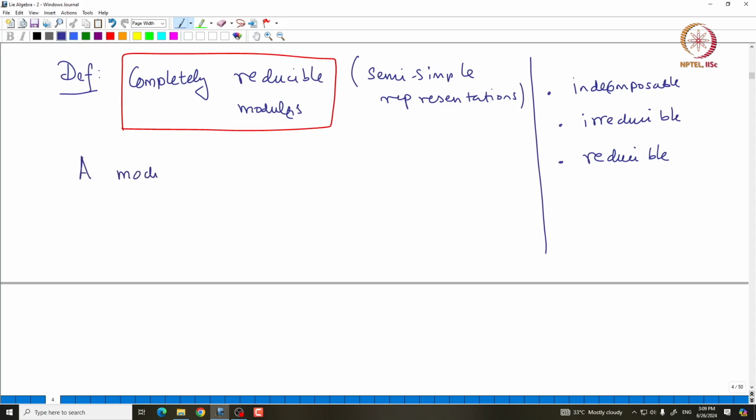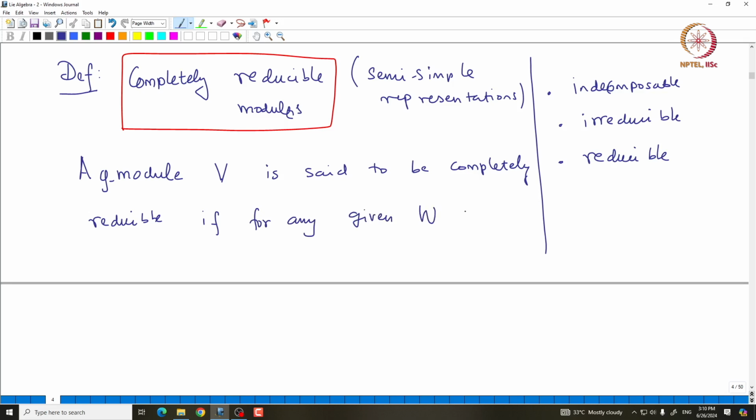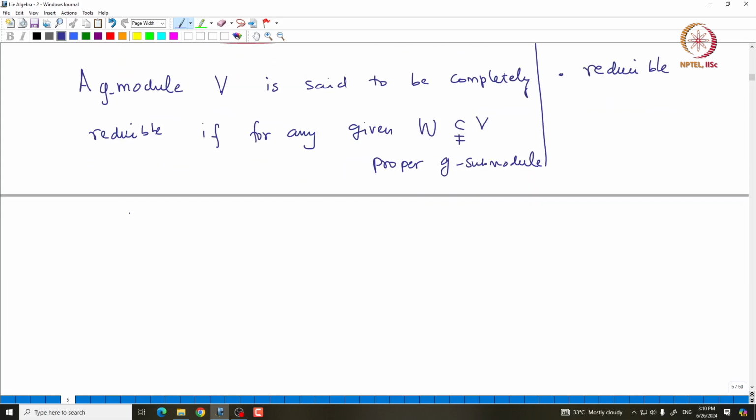Let us say a G module, capital V, is said to be completely reducible G module, if for any given proper G submodule W, we have W dash, which is again a proper G submodule.